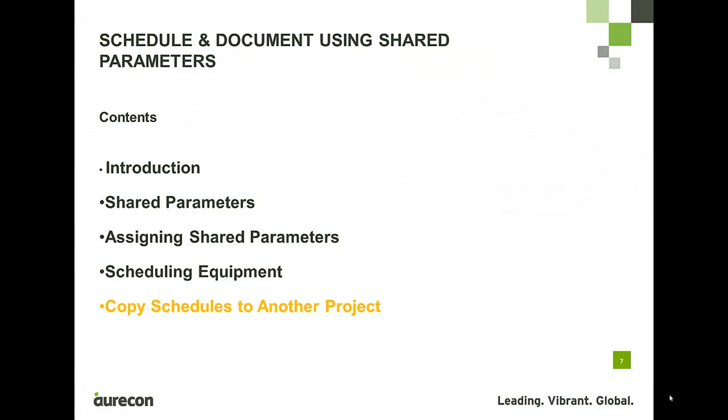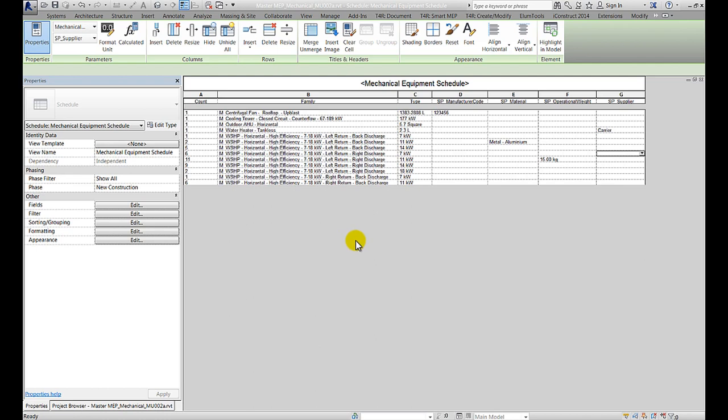Copying schedules to another project. As the final step in this exercise, we will see how we can easily copy schedules from one project to another whilst retaining the shared parameter assignments.